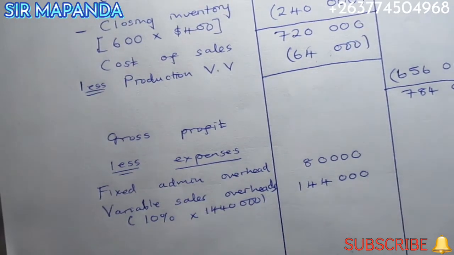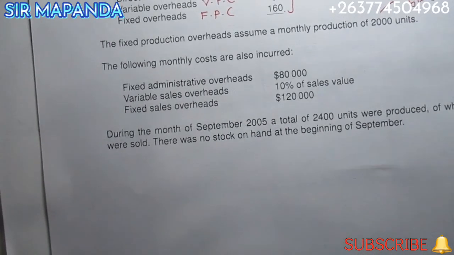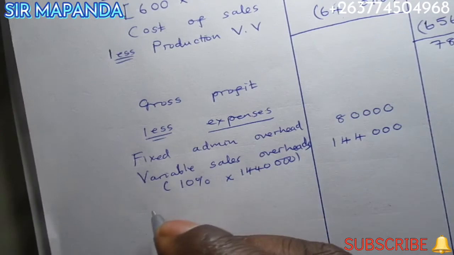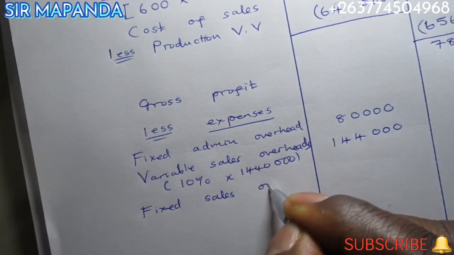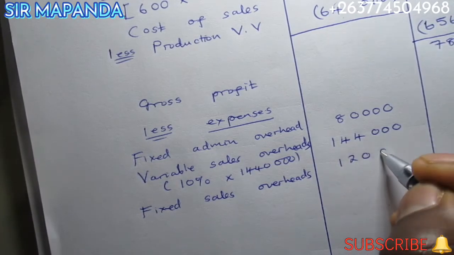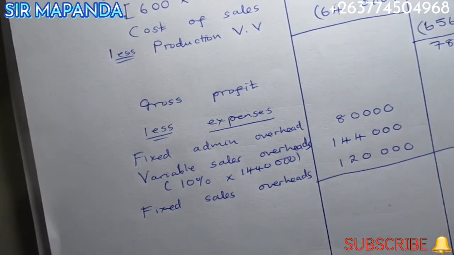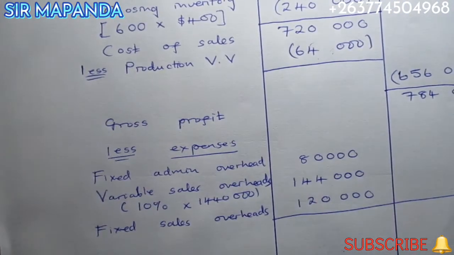Right. Then we move on to the last expense, fixed sales overheads amounting to 120,000. So I'm going to write fixed sales overheads here. Then you record 120,000. So let us add the total expenses here, right? So 80,000 plus 144,000 plus 120,000, you get 344,000.